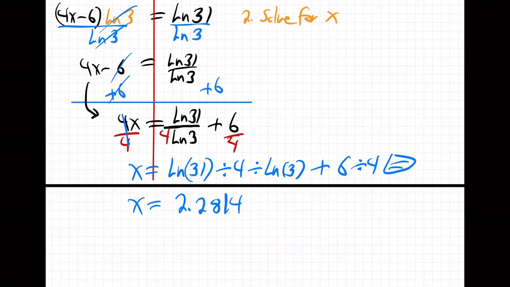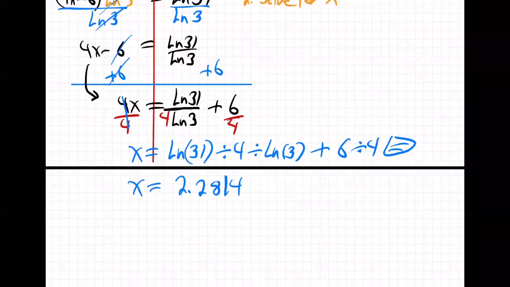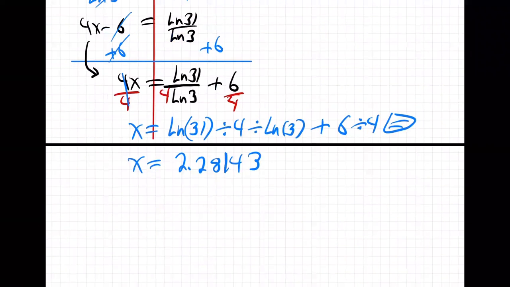They will definitely take a decimal answer. They'll probably take the exact answer as well, but I'll just give them four decimals. The next digit was a 3, so I'll stop at the 4th decimal place. This is only a 3, so we don't round up. 2.2814, and there we go.